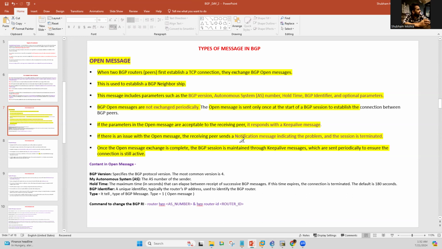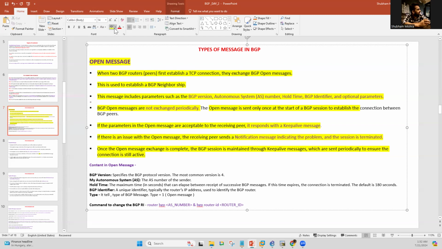If any router is not receiving the keepalive message until 180 seconds, then the router sends the notification message, telling the problem, and the router will terminate the session. So that is the use of keepalive messages. Getting my point? Anyone who does not understand? Okay, cool.